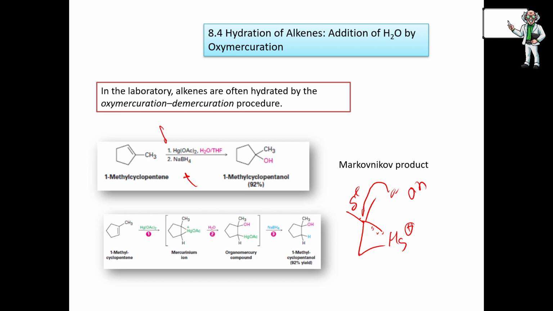When this is happening, we say that this is a Markovnikov product. This Markovnikov product is when the OH is going to the most substituted carbon, or the hydrogen is going to the less substituted carbon.